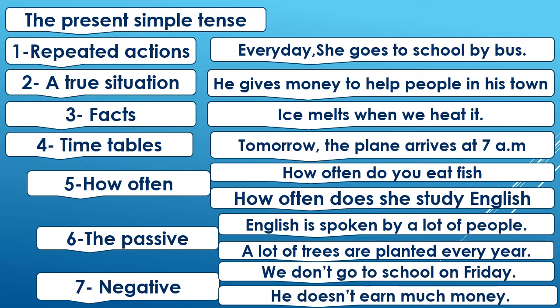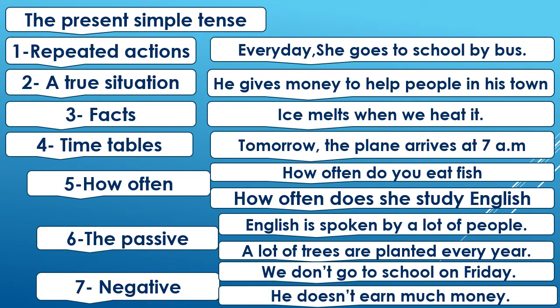We never go to school on Friday. The second sentence, he never earns much money. When we use the verb to do like don't, doesn't, it is followed by infinitive.